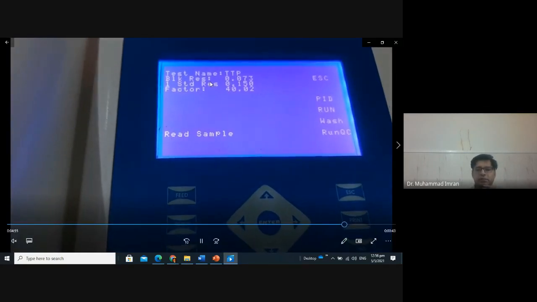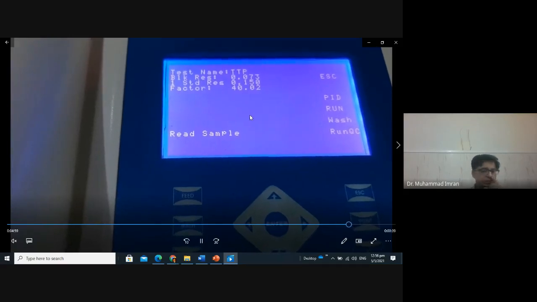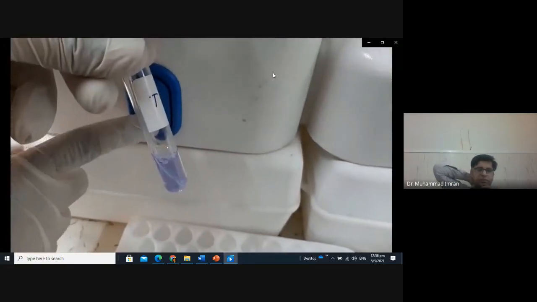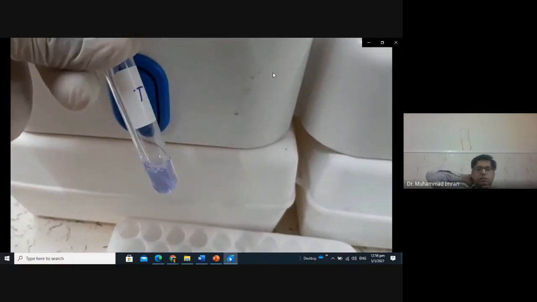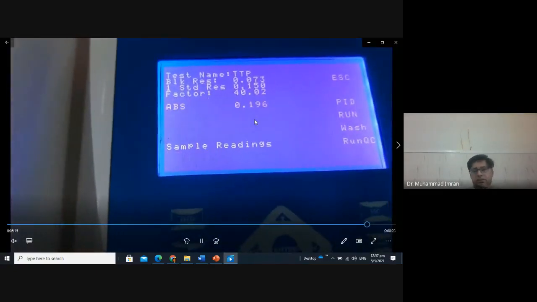The reading of your blank must be less than 0.1, otherwise your reagent is not good. This factor is 40. After the factor reading, you have to suck your sample, and this will directly give the reading on the screen.